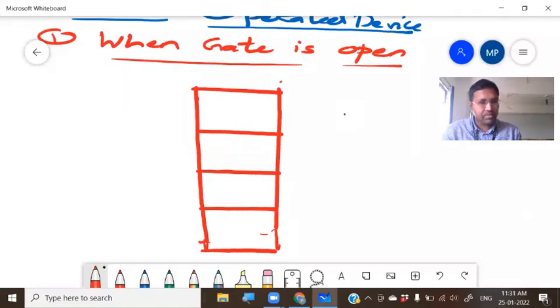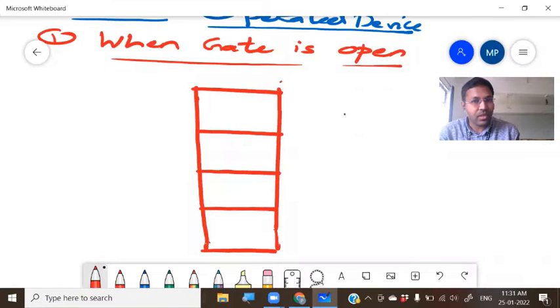So this is the structure of the SCR: P region, N region, P region, N region. Only now we are representing it vertically.